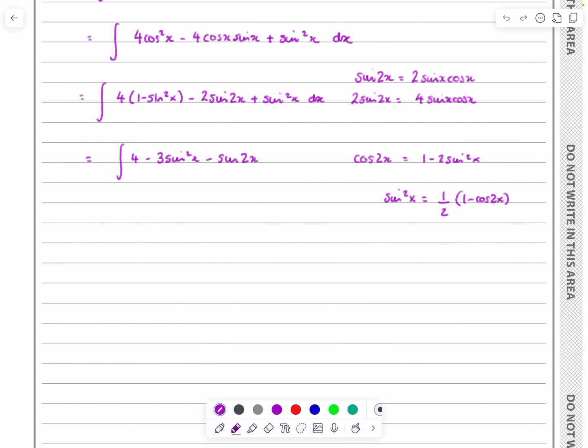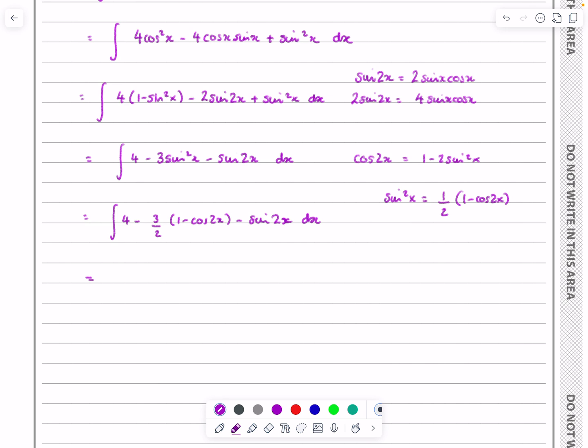So then that means I've got the integral of 4 minus 3 sin squared. So 3 sin squared is 3 lots of a half of 1 minus cos 2x, and then minus my sin 2x dx. Let's put the dx in there and tidy up the handwriting. And now, only now, I'm at the stage where I can integrate this.